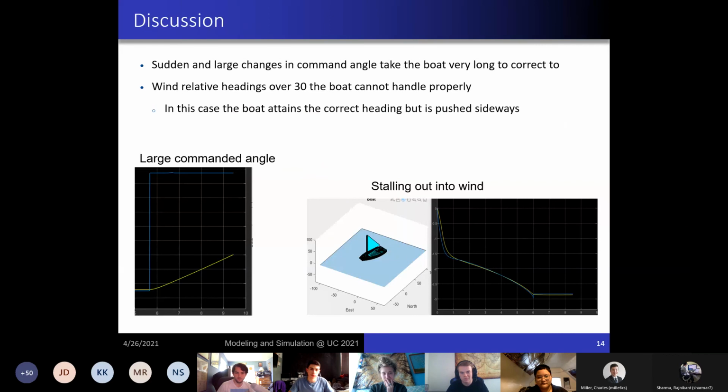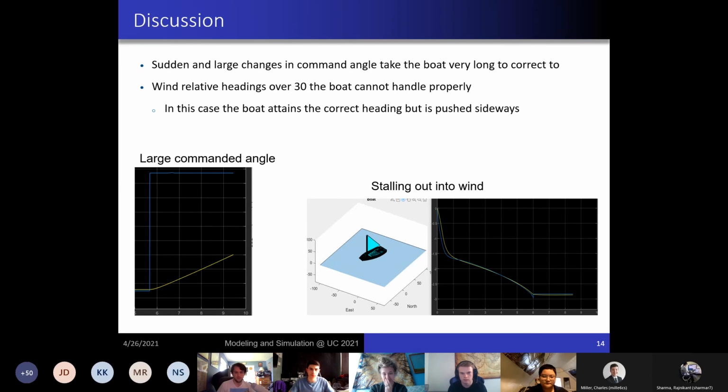So some issues with sailboats is that if you want a very large commanded angle, as you can see in the figure to the left, it can take a really long time for the boat to reach that commanded angle because the rudder can only turn so far.